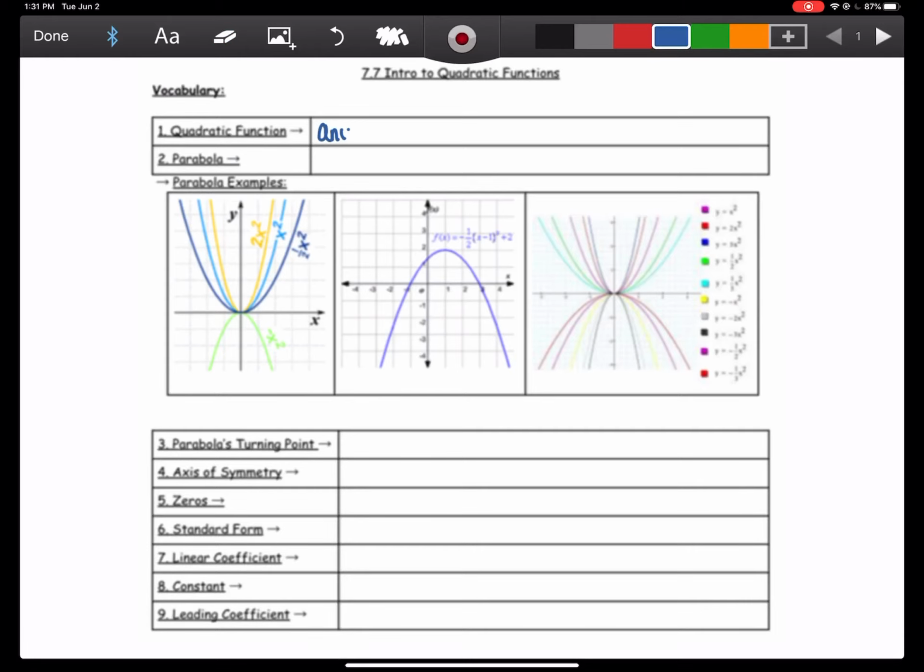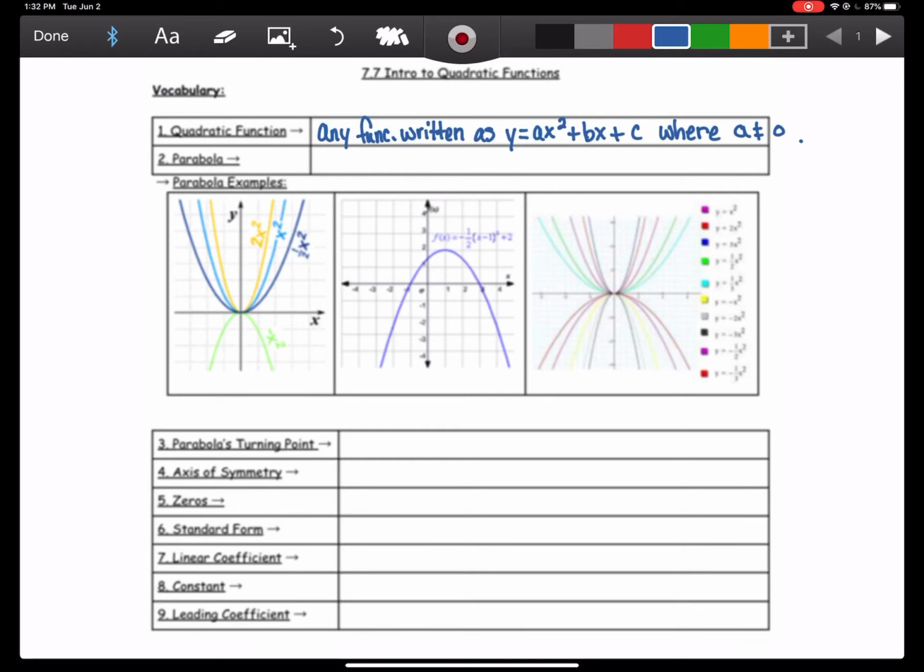Any function written as y equals ax squared plus bx plus c, where a cannot equal 0. Everybody else is allowed to, but a cannot equal 0.